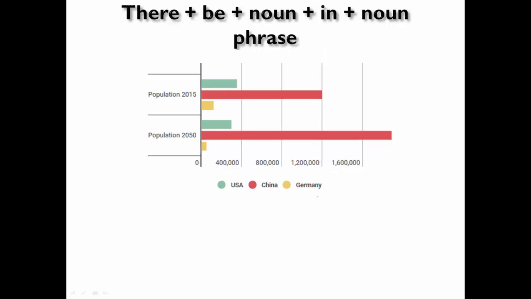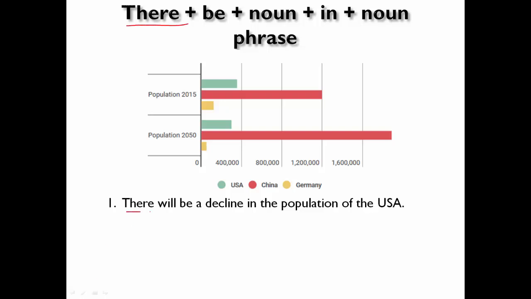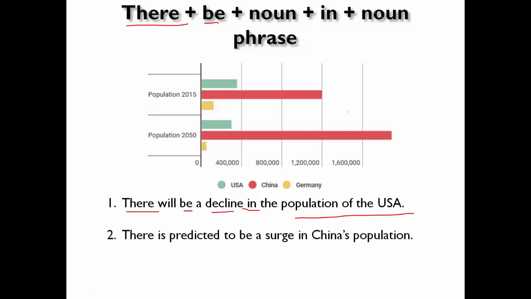The second one, this is the second structure. There will be a decline in the population of the USA. There, obviously there, be, noun, decline, in, noun phrase, population of the USA. Very, very simple. There is predicted to be a surge in China's population.